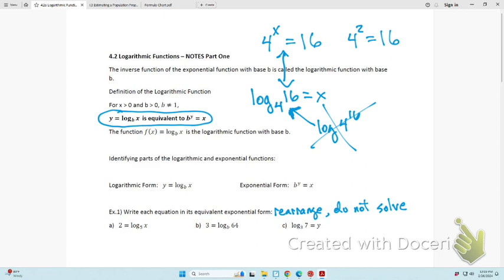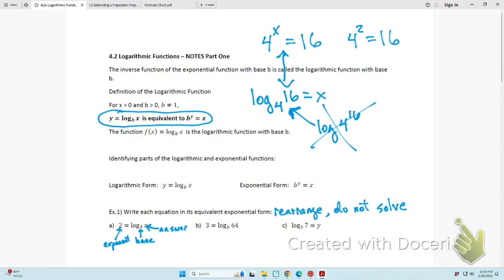So on part A, I read this as the base. This is the exponent. And my word for the number all by itself in the normal looking equation is answer. That doesn't always make sense because that's not always the x, but that's what goes through my brain.